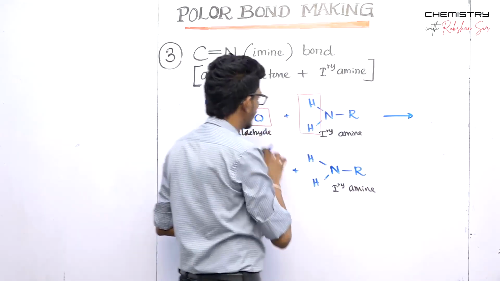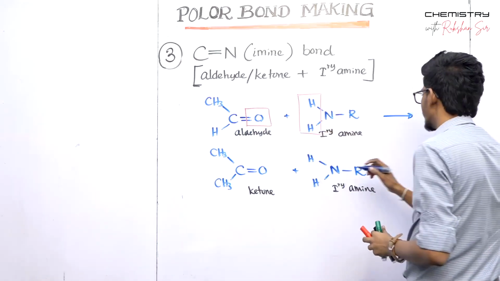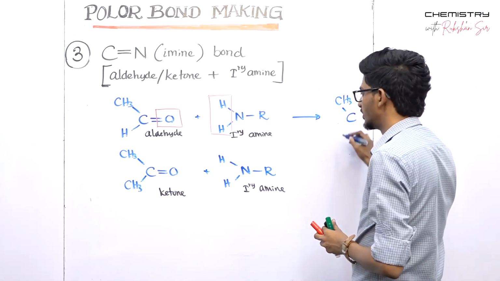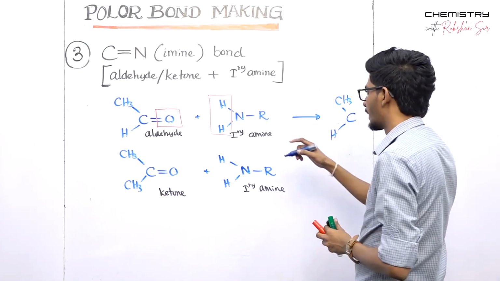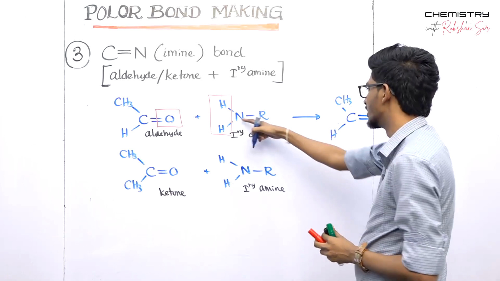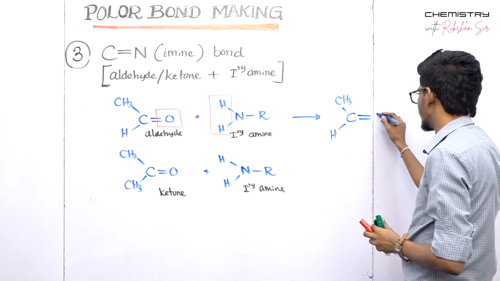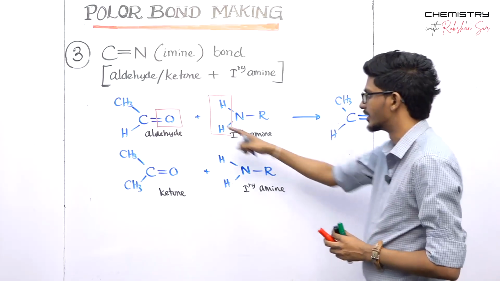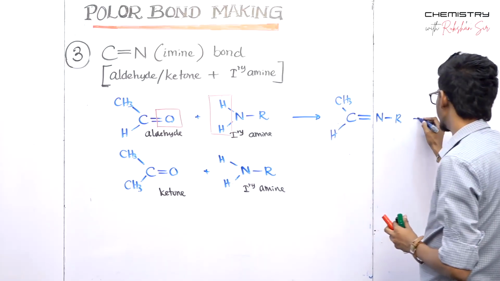So this oxygen will leave with the two hydrogens from here. You will end up with the CH3, the hydrogen is there, and the double bond will be created between the nitrogen and carbon. The small molecule H2O will leave.